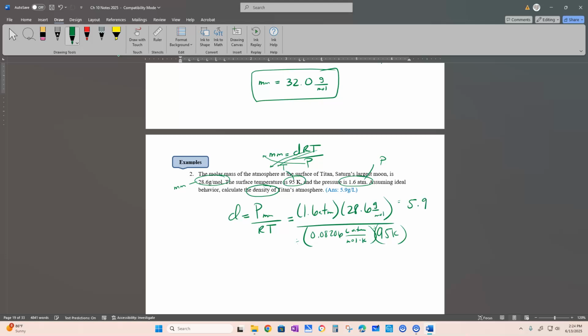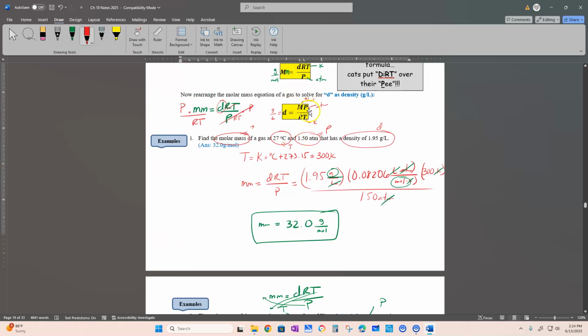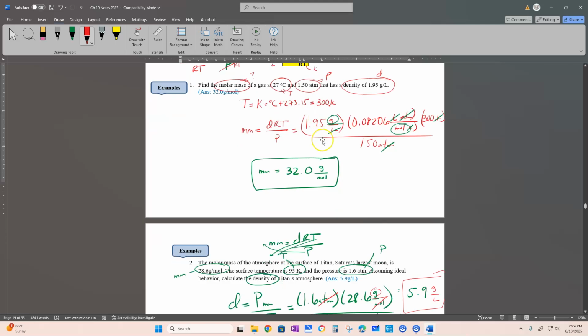And check out the units. Atm is gone. Kelvin is gone. And my moles is gone. And look right there, grams over liters. The complicated part is remembering two equations. See you on the next one, AP.